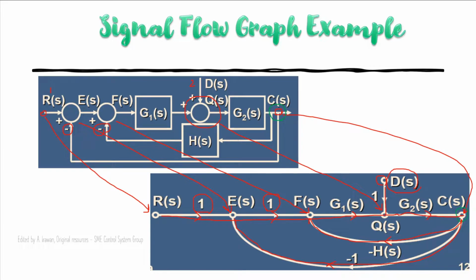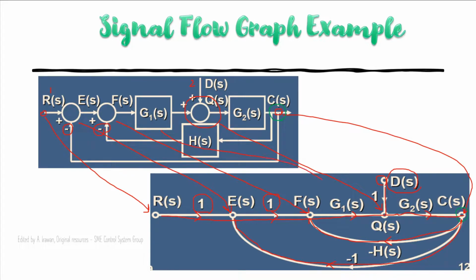Another one, I'm sorry, I left another step, which is the gain. The blocks G1 and G2. So G1 and G2 is a block, so in the SFG, we consider it as a gain on the line.